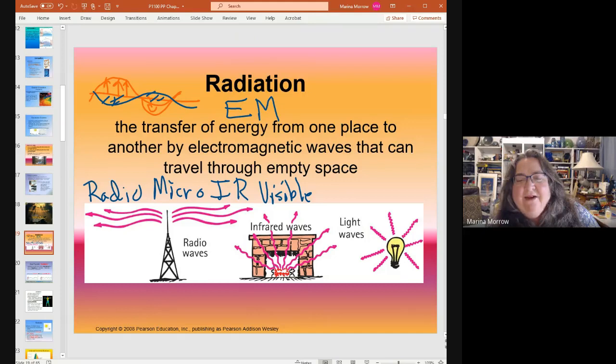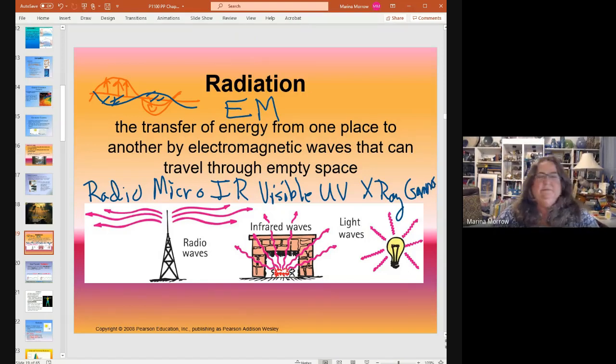After that we would have ultraviolet, X-rays, and finally gamma radiation. Those are all various types of electromagnetic waves. The only ones we can see are visible waves, but of course we have different types of detectors that can detect all the other ones.